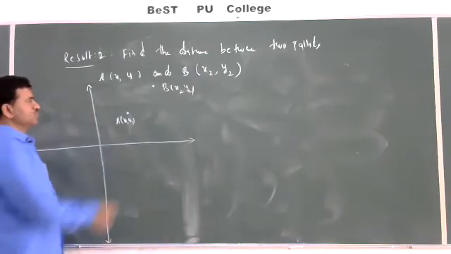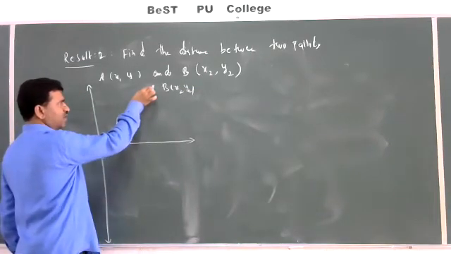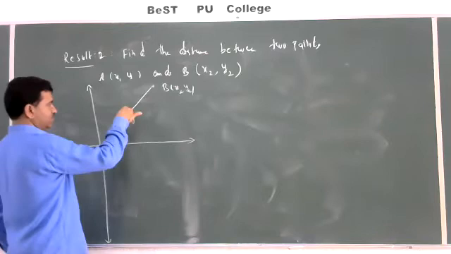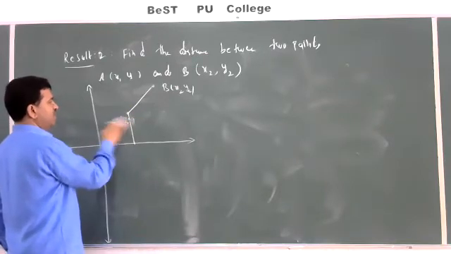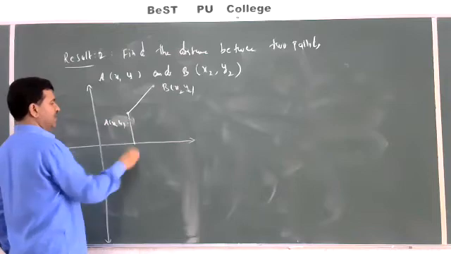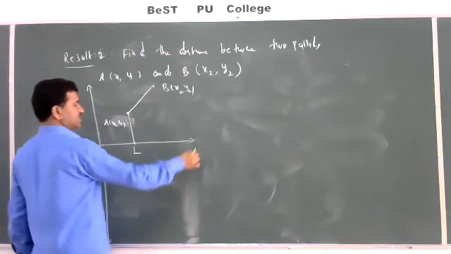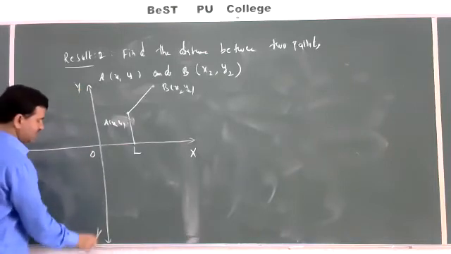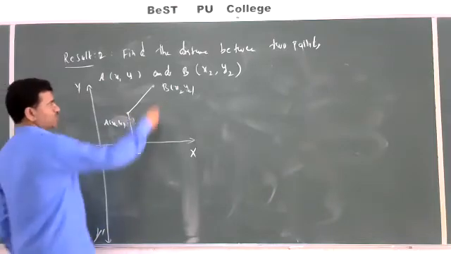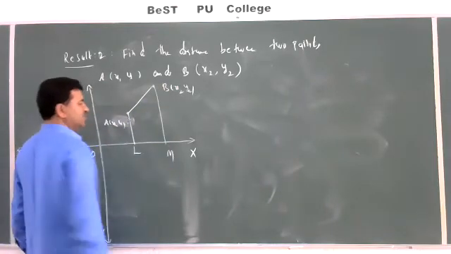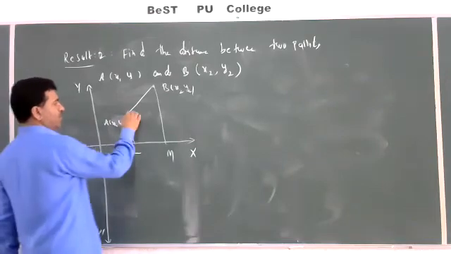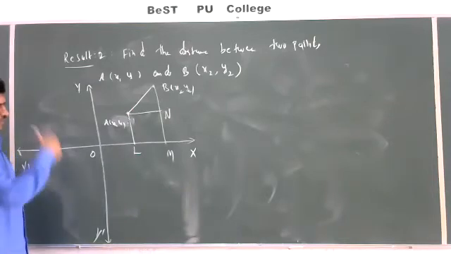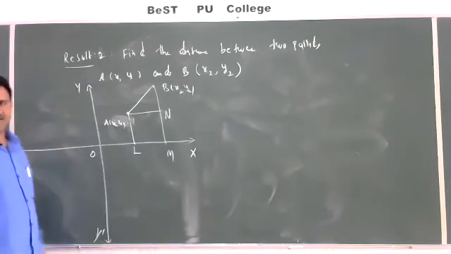Join AB. Follow the order in the explanation of the diagram. Next, draw AL perpendicular to the x-axis. XO x dash is the x-axis, YO y dash is the y-axis. Draw BM perpendicular to the x-axis. Draw AN perpendicular to BM. Explain up to here first.